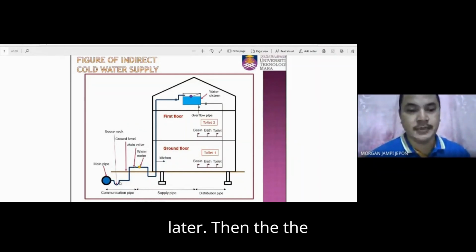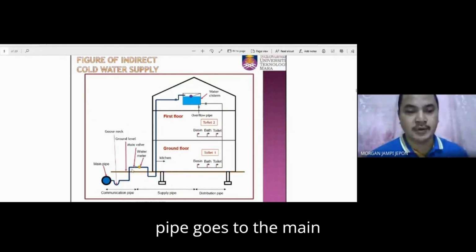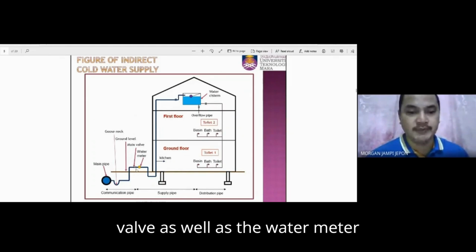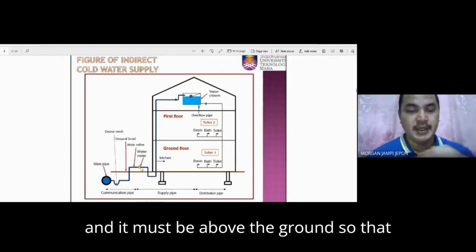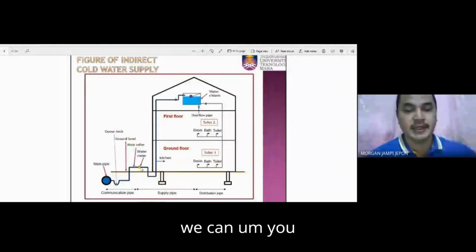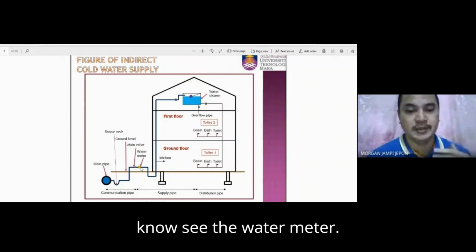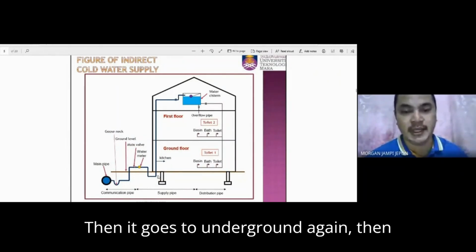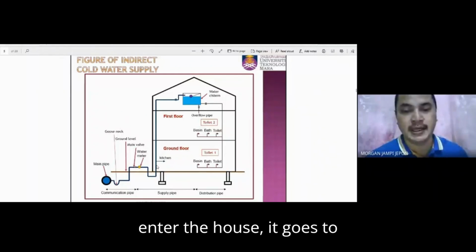Then the pipe goes to the main valve as well as the water meter, and it must be above the ground so that we can see the water meter. Then it goes underground again, then enters the house.